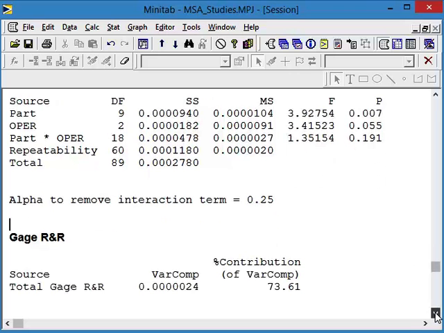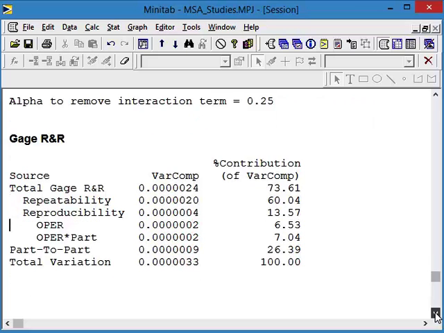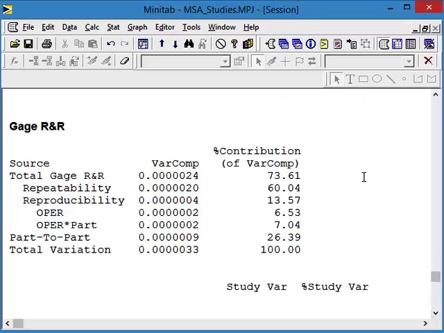Now let's scroll down to our percent contribution. All right, if we have a marginal gauge, it should be less than 9% contribution. We're at 73.6% contribution for total gauge R&R. To be a good gauge, it should be less than 4%.